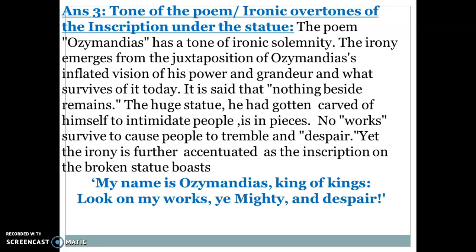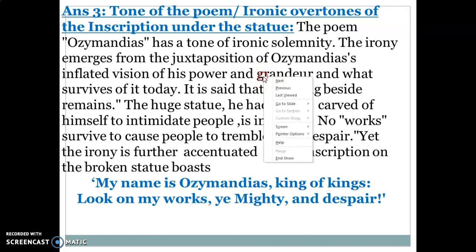The huge statue he had carved of himself to intimidate people is in pieces. No works survive to cause people to tremble and despair. Yet the irony is further accentuated as the inscription on the broken statue boasts, "My name is Ozymandias, King of kings. Look on my works, ye mighty, and despair."